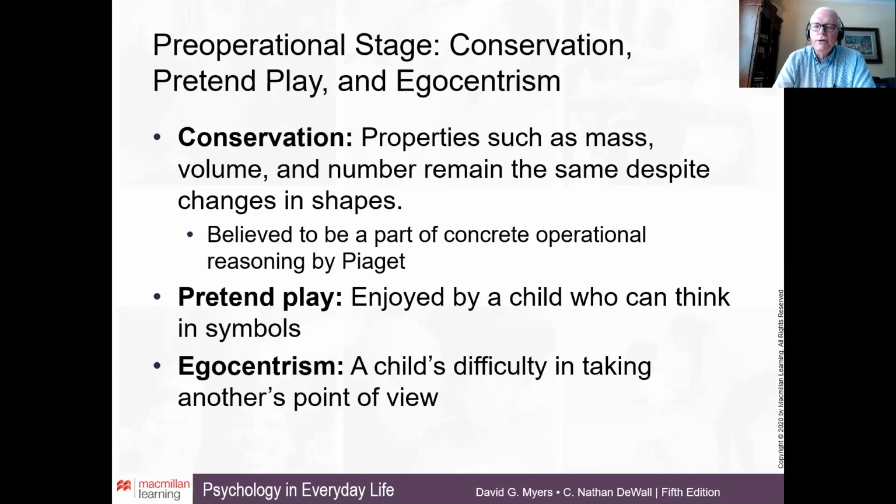And he had an ingenious way in which he demonstrated this through the use of conservation tasks, where he would alter the appearance of something, some substance like, say, water or clay, and he would ask the child if the amount changed. And the child thought the amount changed even when it didn't, even when the only thing that changed was the configuration, the way in which the substance was presented to the child.